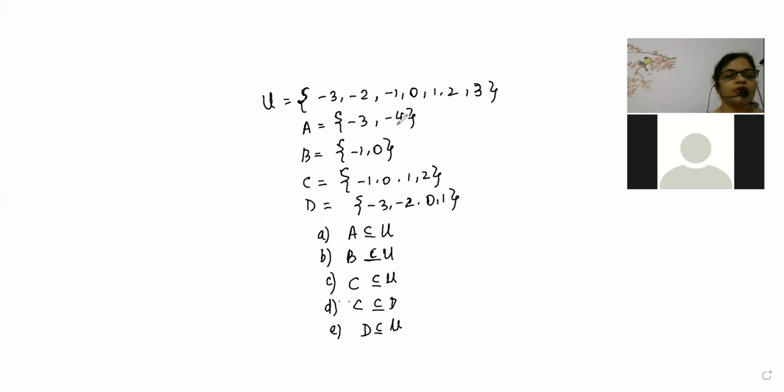You will say, auntie, I'm not going to believe A, because A is containing -4, and -4 is not present in the universal set. So A cannot be a subset of the universal set.